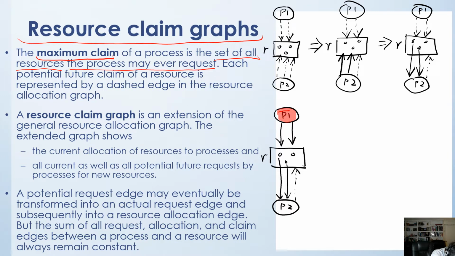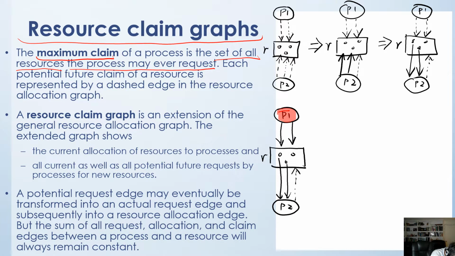Now, since process 2 is holding 2 resources, but process 2 is still not ready to run because there's still another potential for process 2 to acquire the third unit.